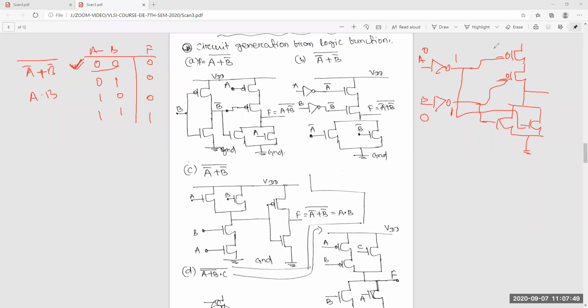If both are 1, both will be on, so you will get a 0. If any one is off, the path will be off, because this path is series. Here, when it is 0, then any one will be 1.